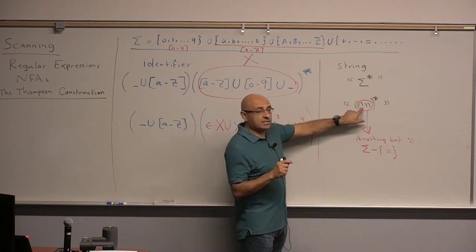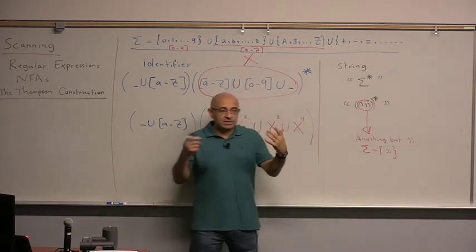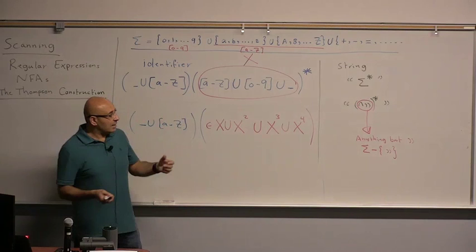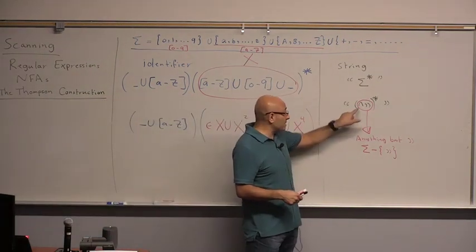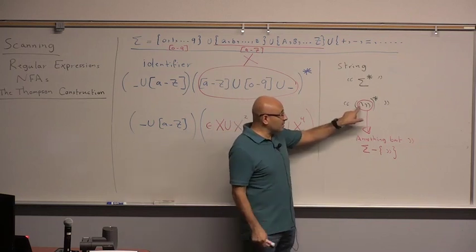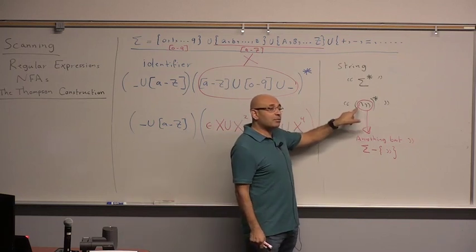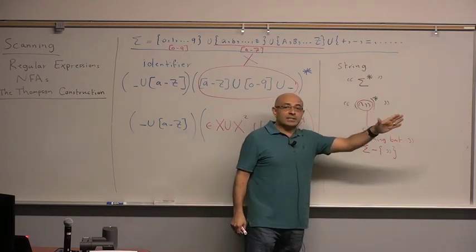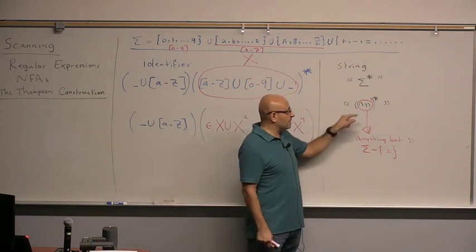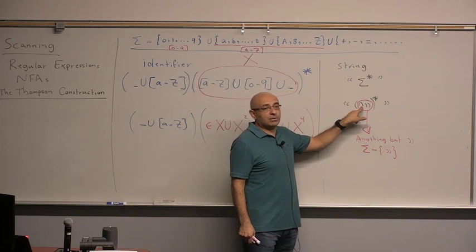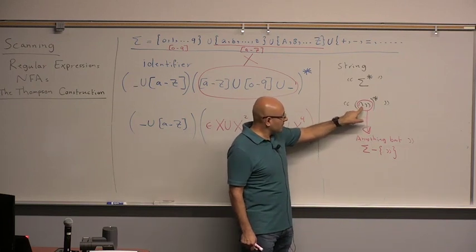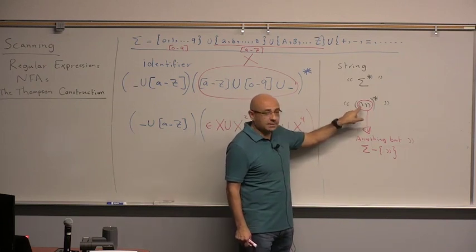But this is an extension, where we extend the notation by allowing the complement, because this is convenient. Without this convenience, we would have to write all the symbols in the alphabet except this symbol. This extension allows us to write it much more easily and concisely.